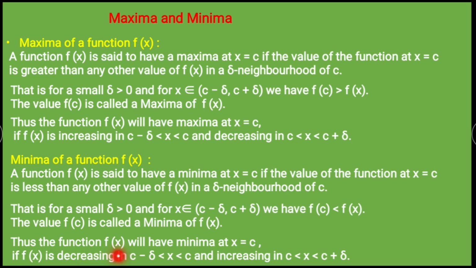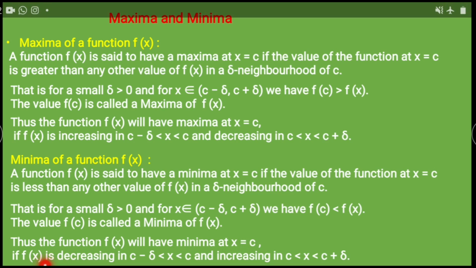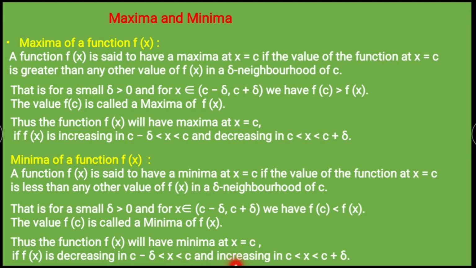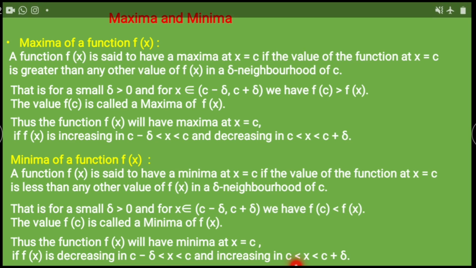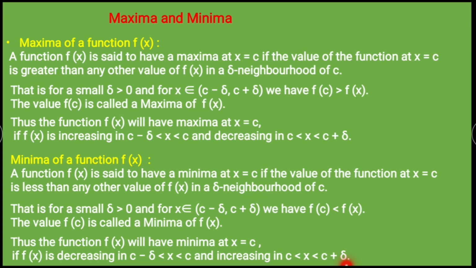Thus, the function f of x will have minima at x equals to c if f of x is decreasing in c minus delta less than x less than c and increasing in c less than x less than c plus delta. So here in definition of maxima, f of x is increasing in c minus delta less than x less than c.